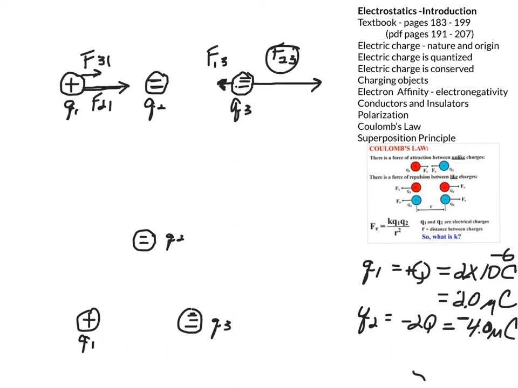So in this case, notice we're talking about Q1. So 2 is attracting this. So you see, this is a positive, this is a negative, and when you multiply, you're going to get a negative number, but the force has to be positive. Why? Because of the diagram.